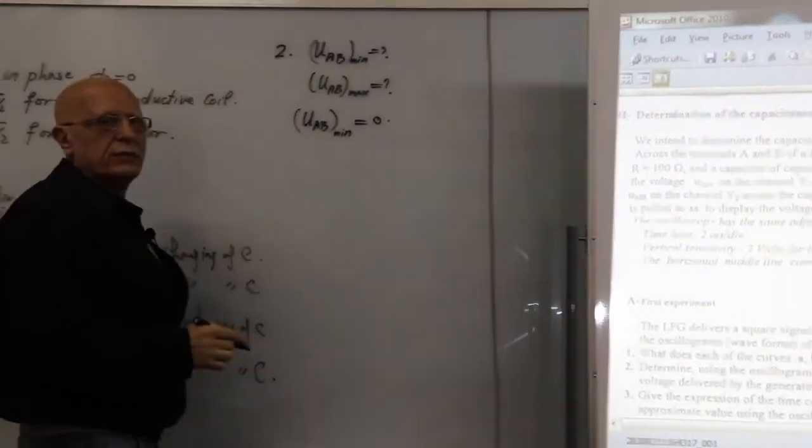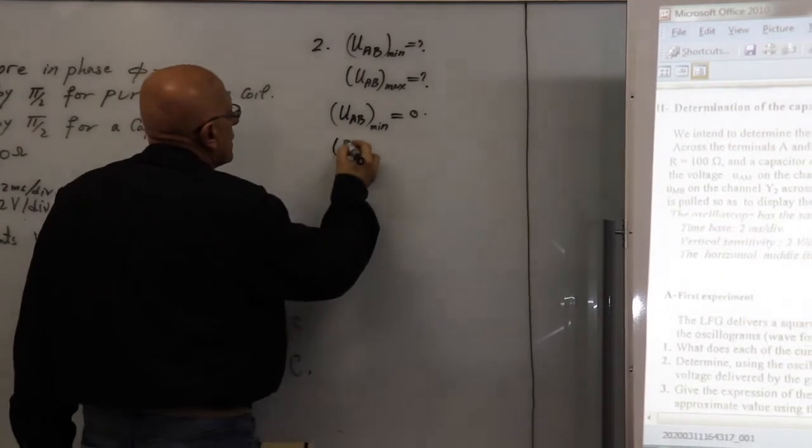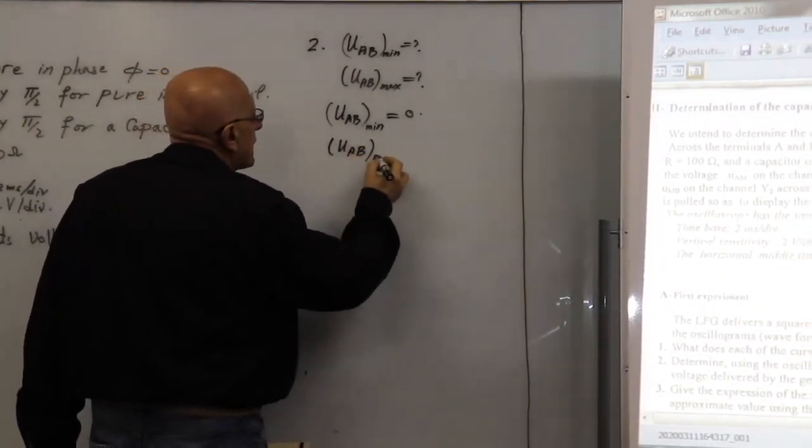How to find the maximum value, UAB maximum?